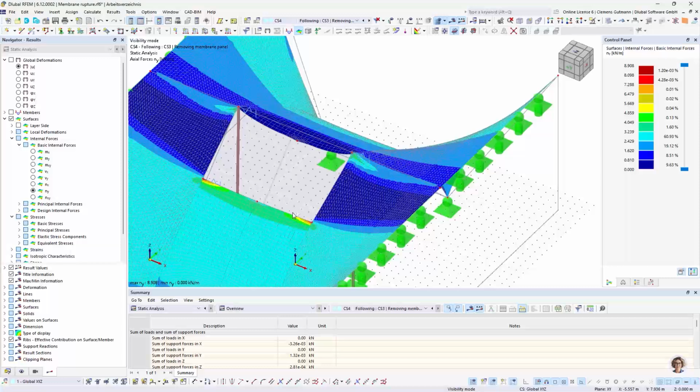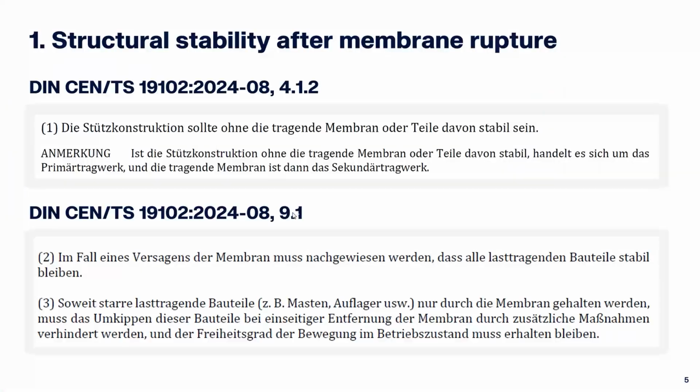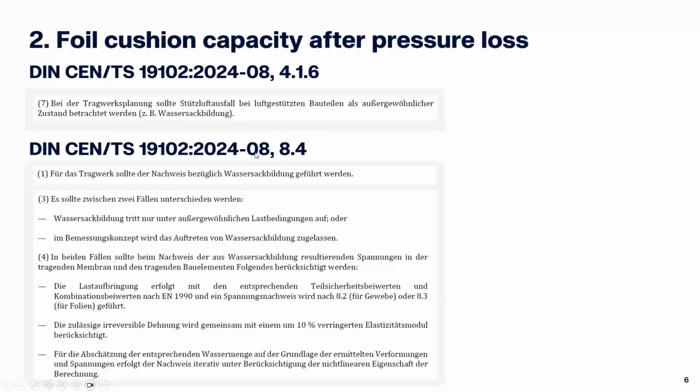Okay, so that's all of the first model. Let's go back to the presentation and jump to the second one, the foil cushion. So here again, some parts of the code for the foil cushions. It says here in the first part that the pressure loss is something that should be analyzed as an exceptional stage.